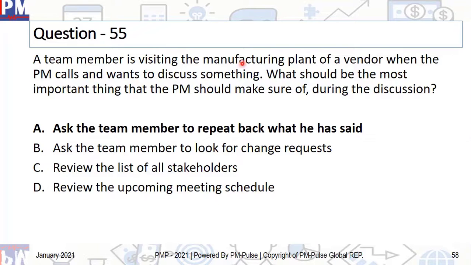When we don't know that, the best thing is to follow the communication model. And the communication model is the sender receiver model, which means that if I say something, I need to take feedback to understand that you heard it or understood it the way I wanted you to understand. And therefore, the best answer is connected to the sender receiver model, and that is ask the team member to repeat back what he said, right?